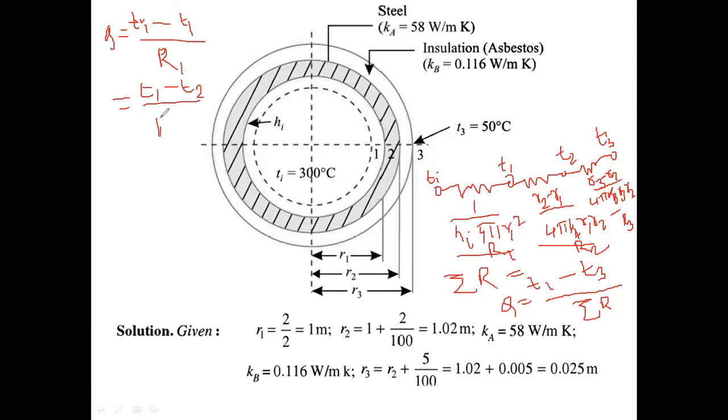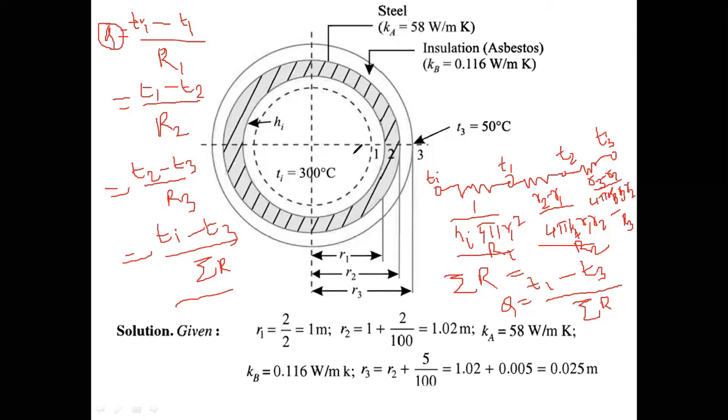T1 minus T2 by R2 equals to T2 minus T3 divided by R3 equals to Ti minus T3 divided by summation. So first you apply this expression, find out the Q. Then any one of the three formulas you can use to find T1 and T2, the intermediate temperatures. So this is the problem.